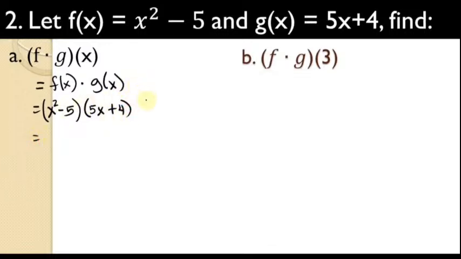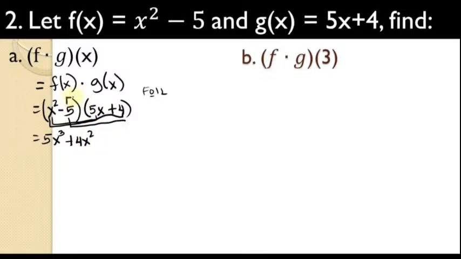Using FOIL, ang FOIL natin is first, so ito, first term, x squared times 5x, that is 5x cube. Next, outer, so negative 5 times, ito pala, x squared times 4 outer, so x squared times 4, so that is positive 4x squared.